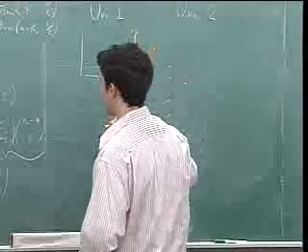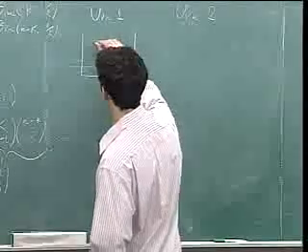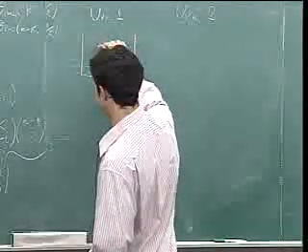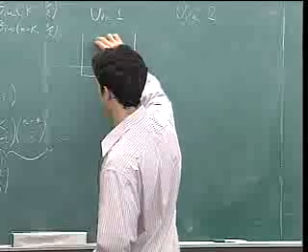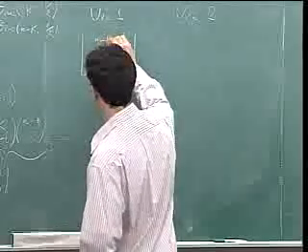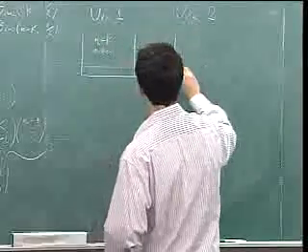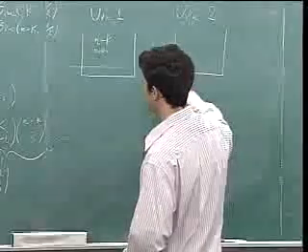And urn 1 has n minus k balls, and urn 2 has k balls.